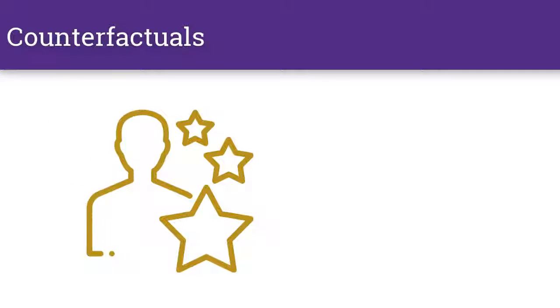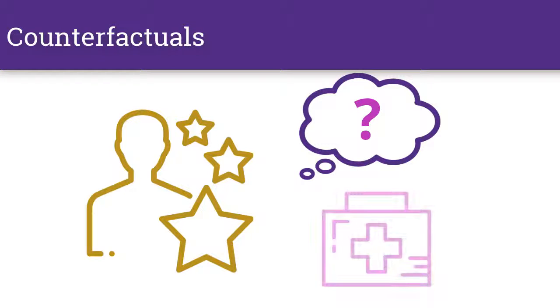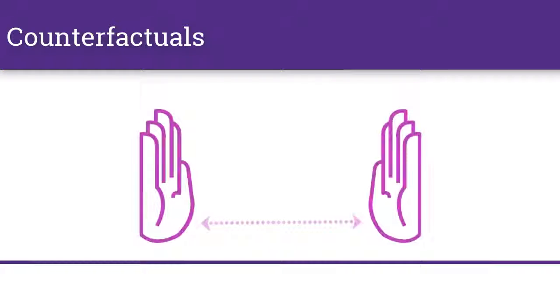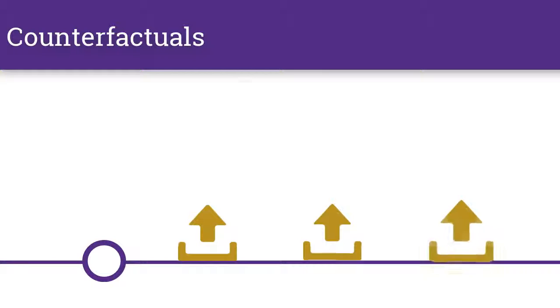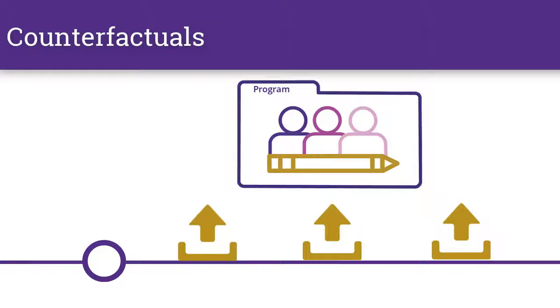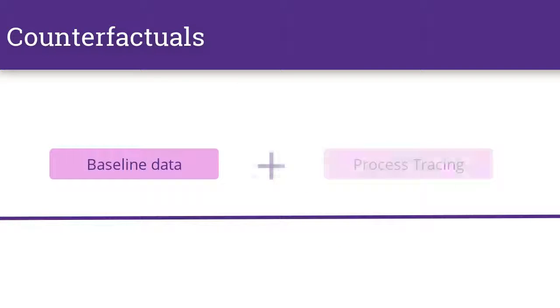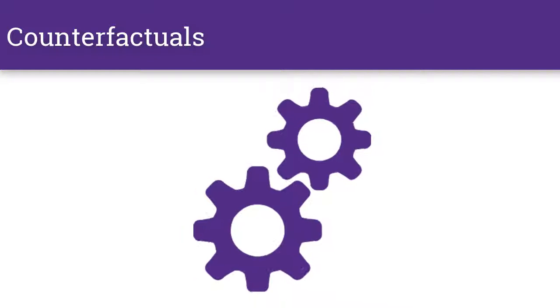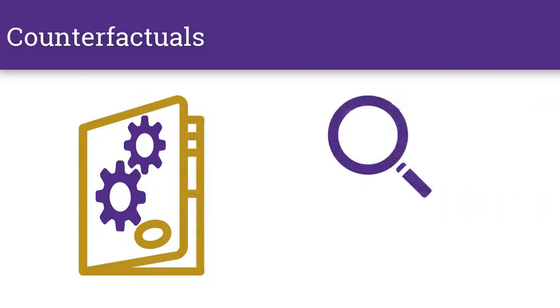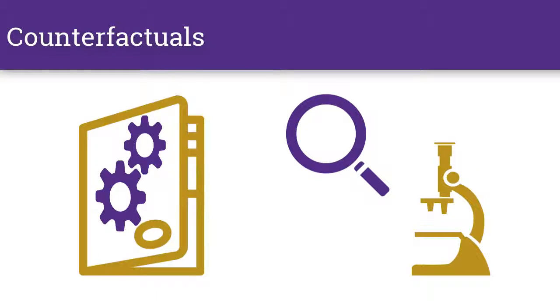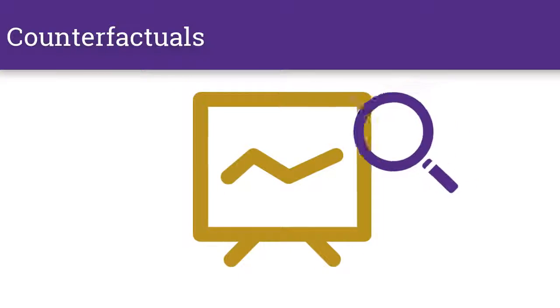This can be accomplished by asking experts in these types of programs or in the community to predict what would have happened in the absence of the intervention, using the baseline as an estimate of the counterfactual outcome, since it is the point before any effects of the intervention program would be expected, or using the baseline data and process tracing. Process tracing is a case-based approach to infer cause by using clues or observations within a case to outline possible alternative explanations.